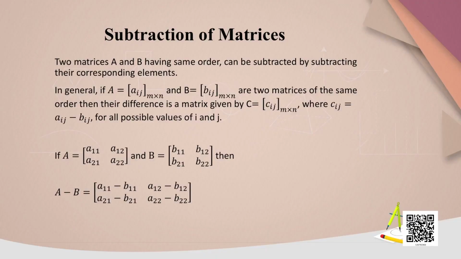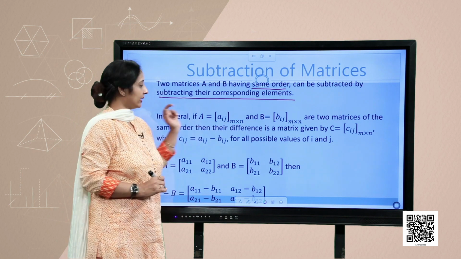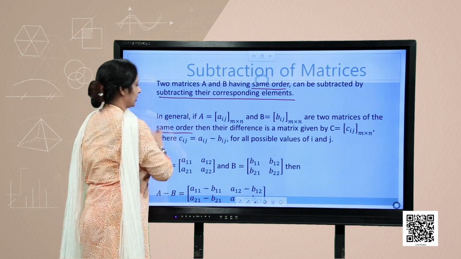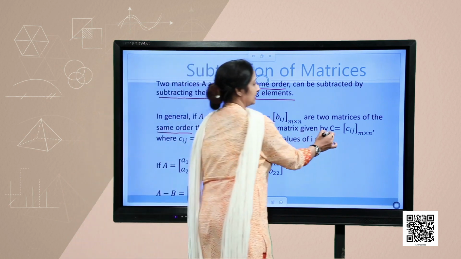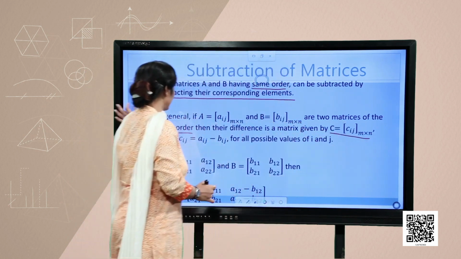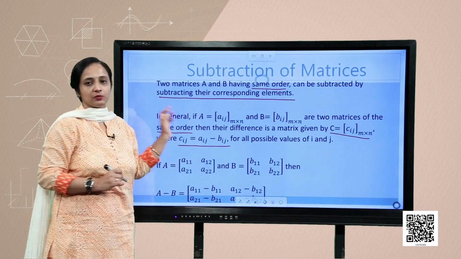Next operation on matrices is subtraction of matrices. So, two matrices A and B of the same order can be subtracted by subtracting their corresponding elements. In general, A and B are two matrices of the same order. Then you can obtain the difference as another matrix C, where Cij is equal to Aij minus Bij.